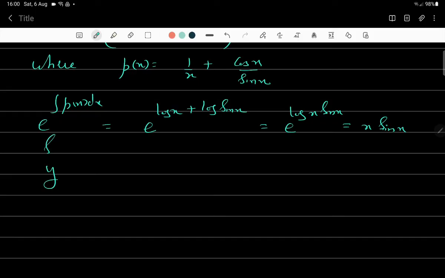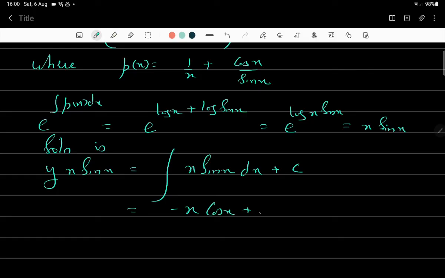So the solution is y multiplied by e raised to the power p dx, which is x sin x, equals the integration of x sin x, because q of x is 1, dx plus c, which is minus x cos x plus sin x plus c.